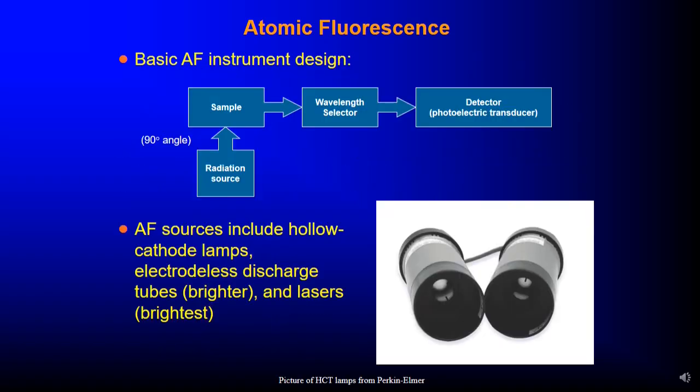In atomic fluorescence, you can see the radiation is at right angle to the sample. That's very important to note, and that's the major difference between AAS and atomic fluorescence.